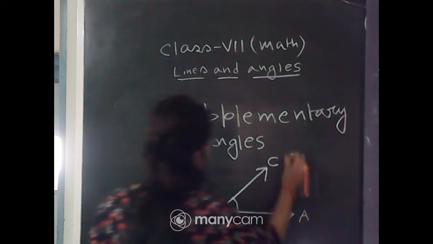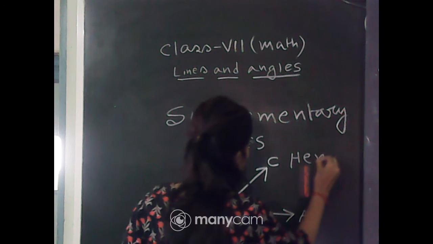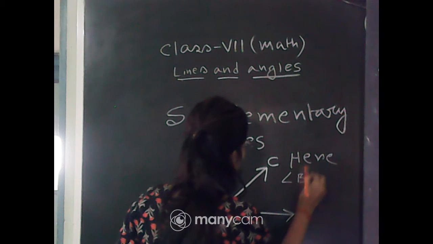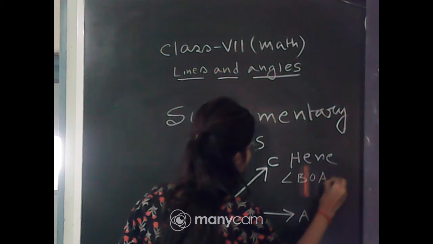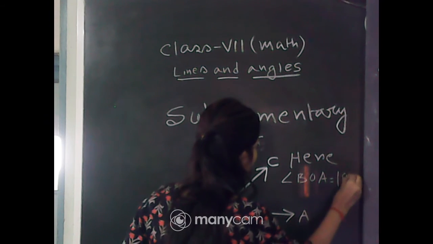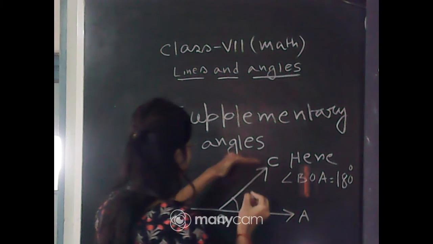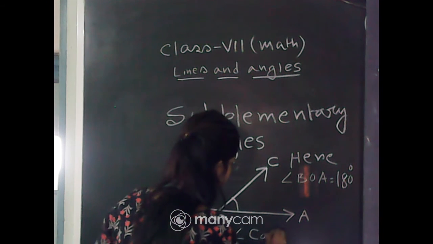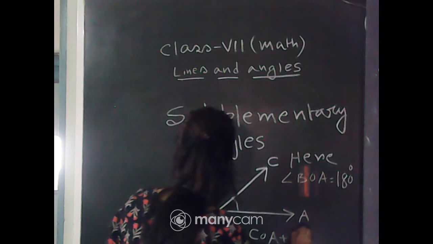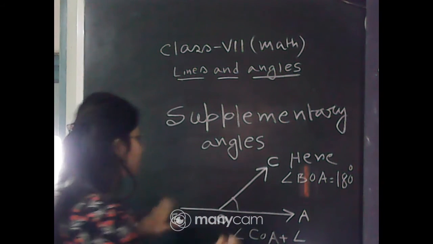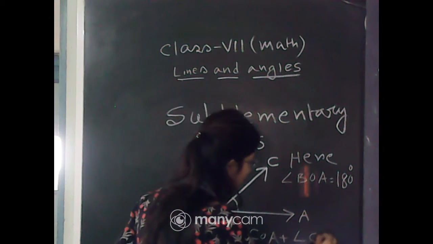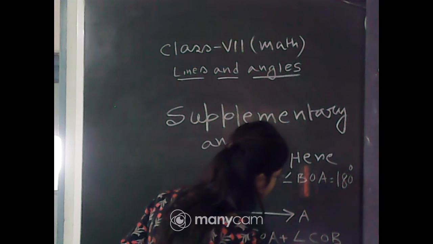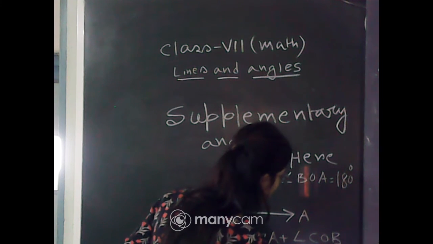Here angle BOA is equal to 180 degree. Also we see that angle COA plus angle COB is equal to 180 degree.